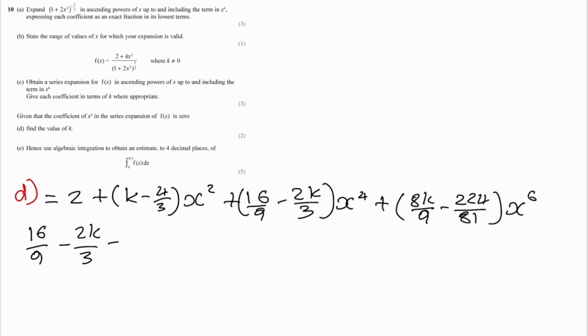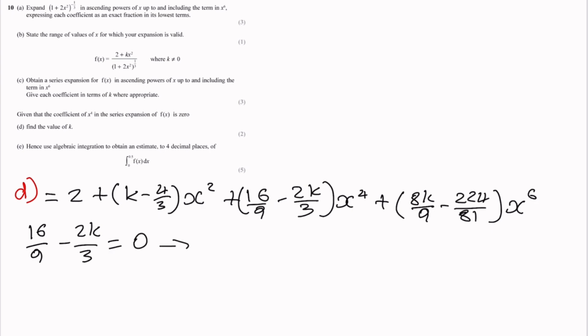So we can rearrange this to say 16 over 9 is equal to 2k over 3. And then if I multiply both sides by 3, divide by 2, so I solve for k, I get the answer of k is equal to 8 over 3.